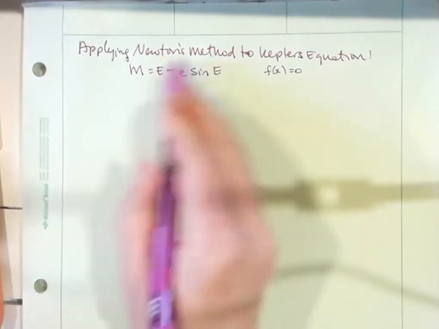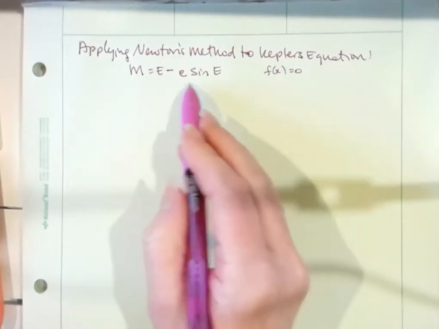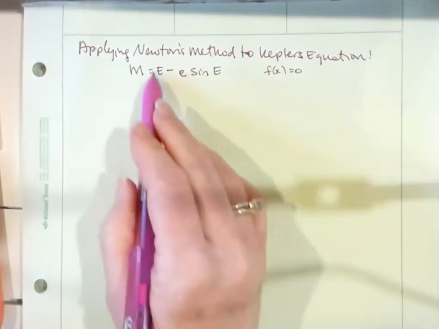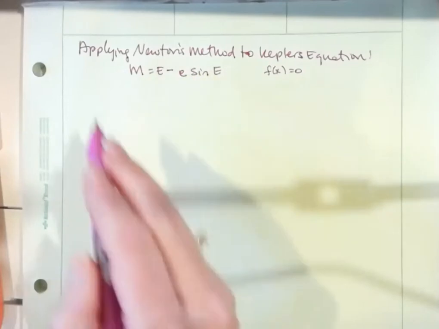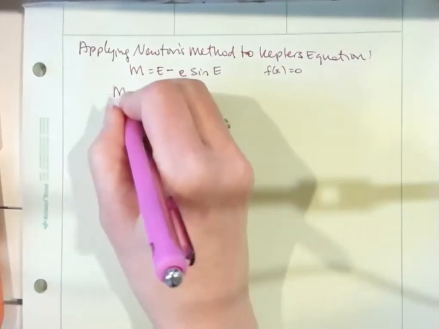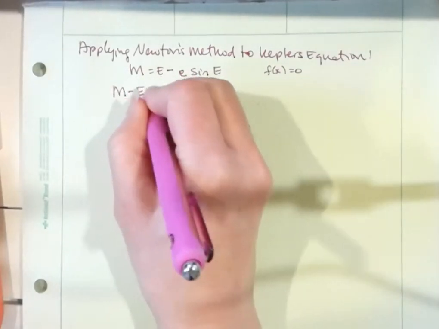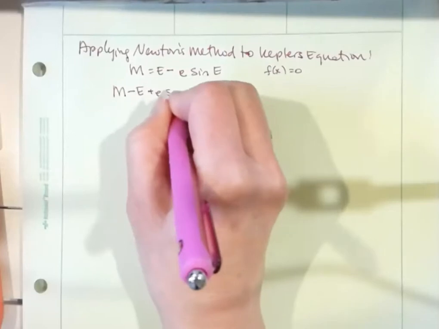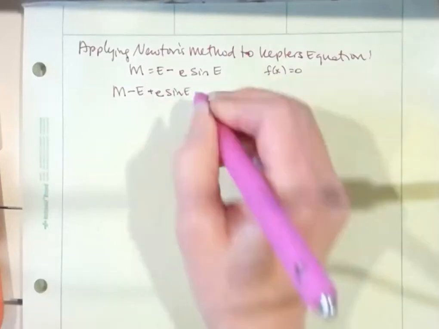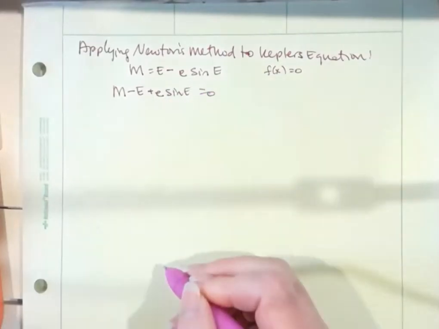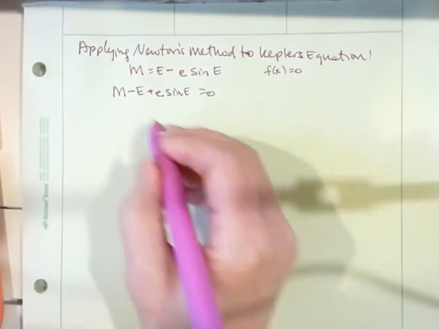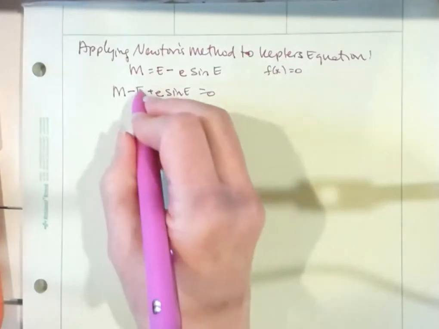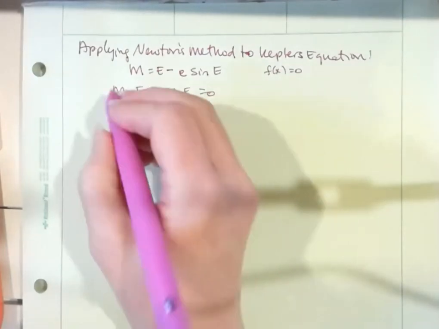So we're going to move this part over to the left, and that gives us M minus E plus e sine capital E, and now this is going to be 0. And what we want to do here is solve for capital E.